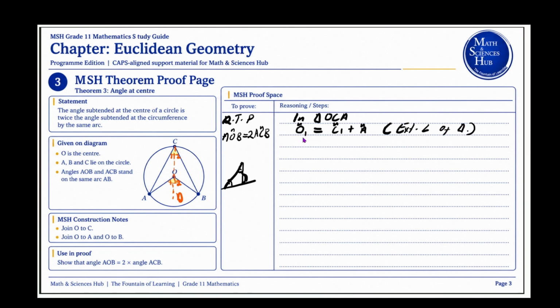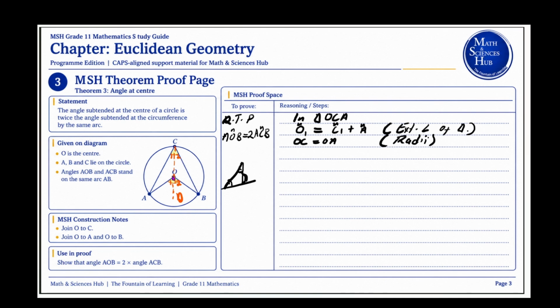Then OC and OA are radii, so they are equal: OC equals OA, reason radii.